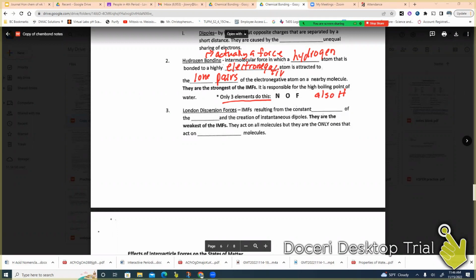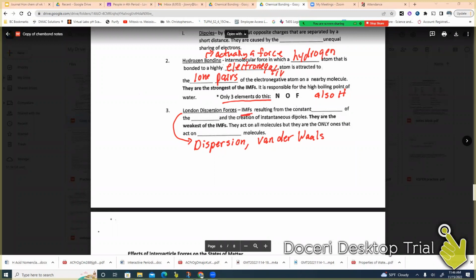And then the last one is called London dispersion forces. Sometimes you'll see it just called dispersion forces or Van der Waals forces. Those all mean the same thing.